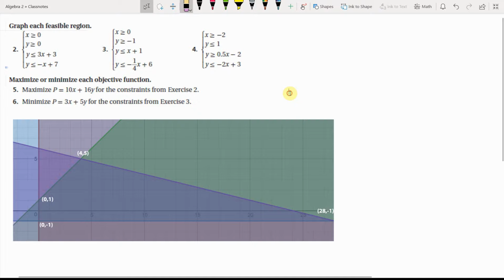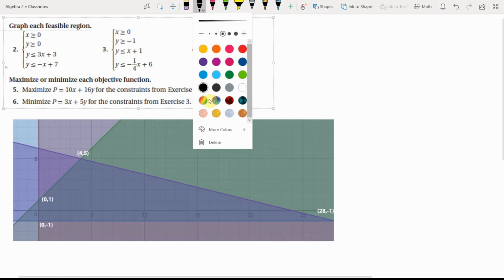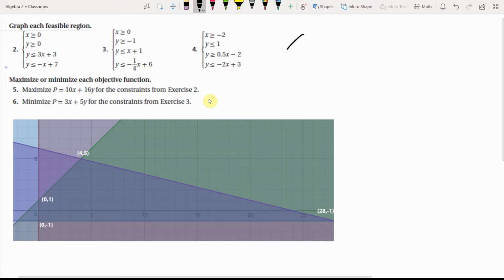Okay, so now we can go ahead and minimize the function. So here we have the vertices, so let's make our xy table here. I'll list my vertices and the objective function.